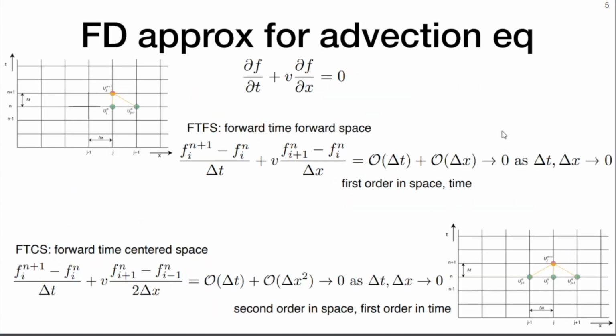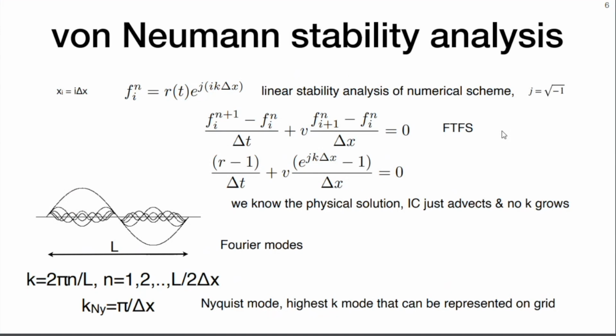Okay. One such technique for analysis of numerical schemes is something called von Neumann stability analysis. This is a linear analysis, basically. If you have a difference equation, for example, here the FTCS scheme for advection, what you do is, your x_i is equal to i Δx, so x_0 is 0, x_1 is Δx, and x_2 is 2Δx. So you're basically labeling the grid.